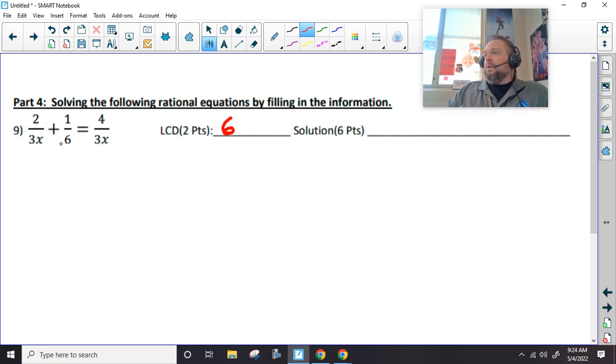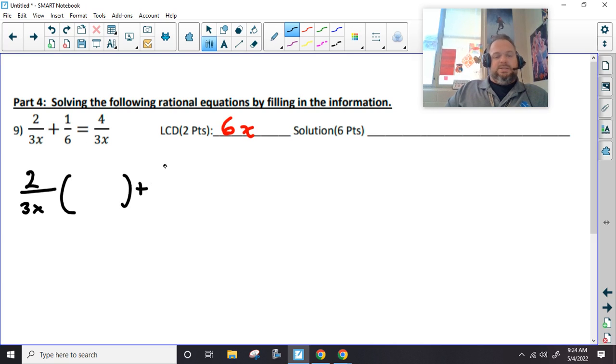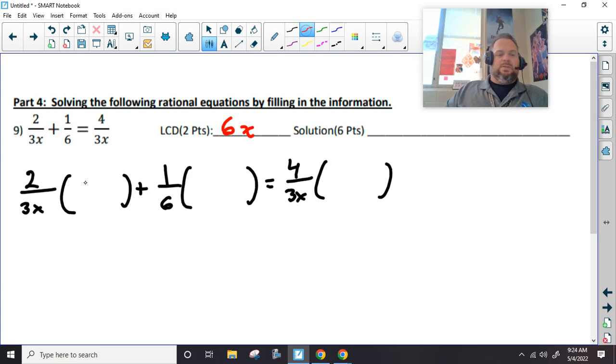And what's the smallest power of x that we could all get? X. Okay. So now we're literally, not figuratively, taking what we just did and going all the way through.